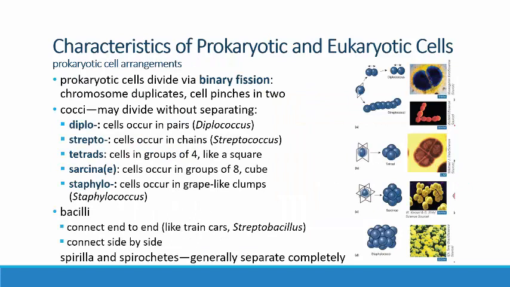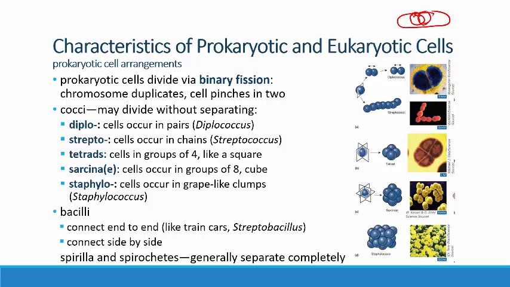So not only is it the shapes that you want to keep track of, but also the arrangements. When a prokaryotic cell divides, it divides via a process called binary fission. In binary fission, the chromosome duplicates. So we see a second chromosome form. If this is the cell, and here's one of the chromosomes attached here at the membrane, then another chromosome forms.